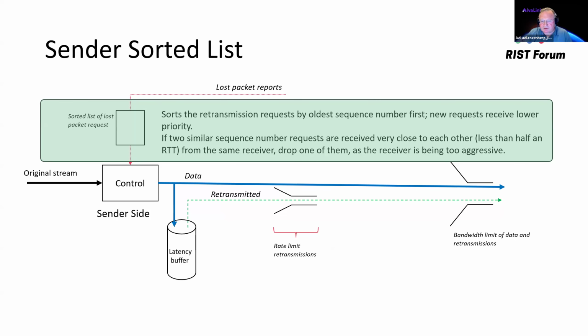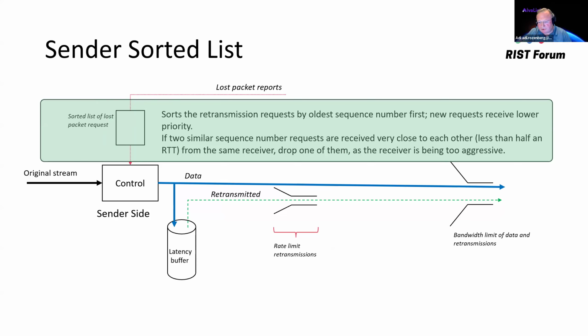So first order of business is, let's put a buffer. We recommend putting a FIFO to receive the messages from the receiver and sort them by the oldest sequence number first. Oldest sequence number first, meaning that it's the sequence number that the receiver is closest to playing out.